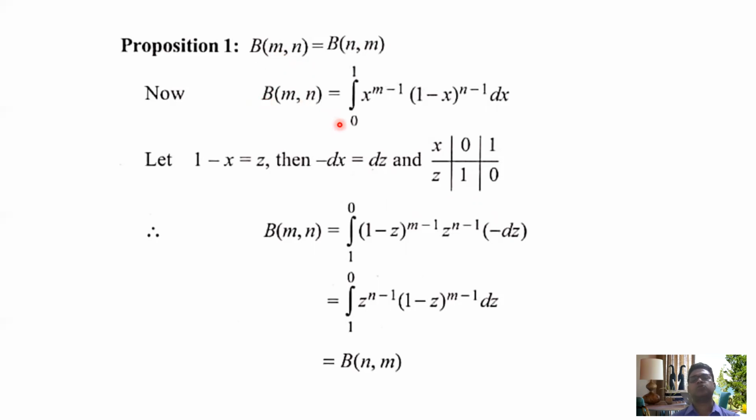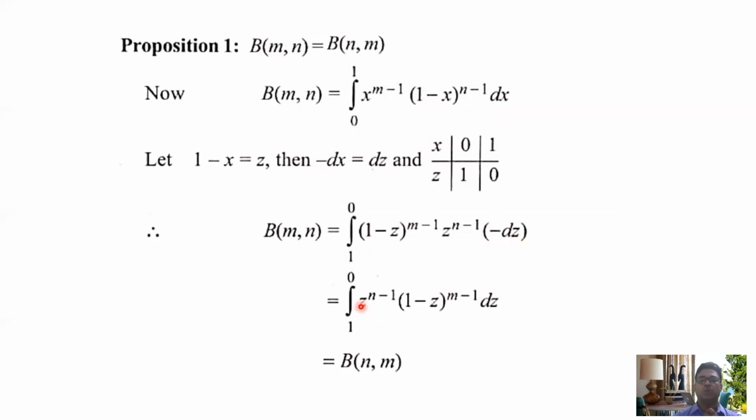Beta mn is equal to integral from 0 to 1 of x to the power m minus 1 into (1 minus x) to the power n minus 1 dx. Just consider 1 minus x as z. So minus dx is equal to dz. When x equals 0, z equals 1. When x equals 1, z equals 0. So it is integral from 1 to 0 of (1 minus z) to the power m minus 1, z to the power n minus 1, and minus dz.